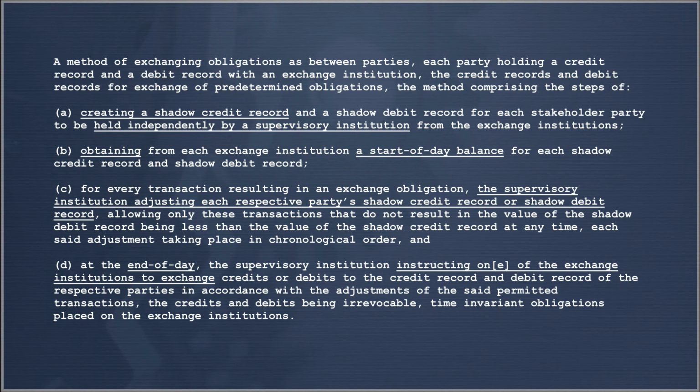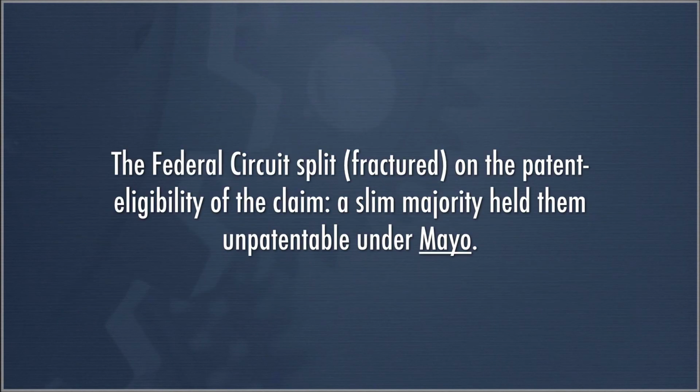And then at the end of the day, the supervisory institution instructs the various institutions involved as to what they need to do, right? They need to exchange funds with each other. They need to, or whatever it is, credits, debits, then pass through, and then they start again the next day. The Federal Circuit split, actually fractured, on the patent eligibility of this claim.